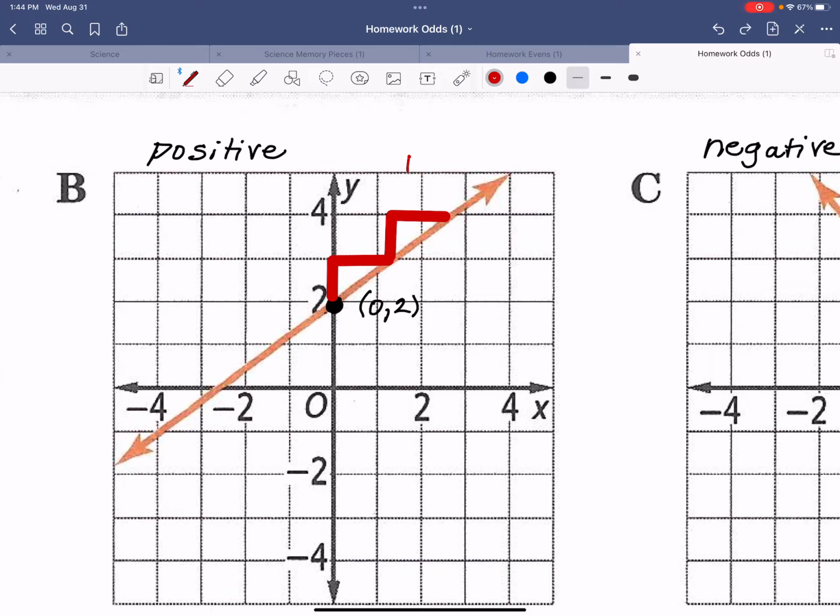What am I doing here? Have I got my scale right? Yes, I do. So a rise of 1 and a run of 1.25.